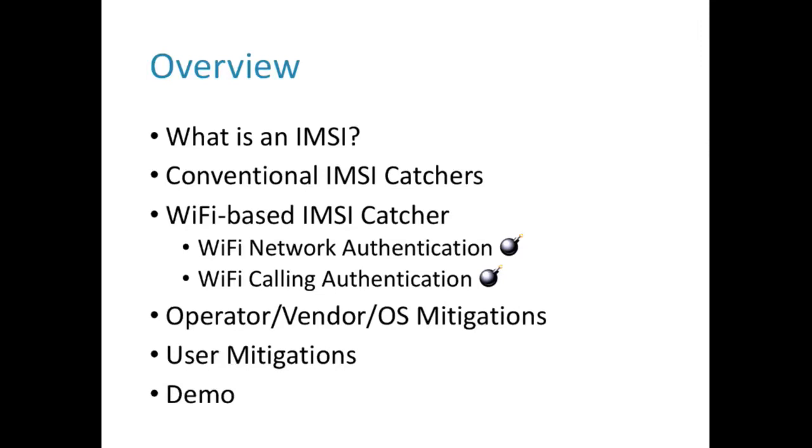But our approach operates in Wi-Fi, and it exploits two functionalities within the way that mobiles, basically smartphones, but can be other devices, automatically connect to Wi-Fi networks based on their IMSI, and also another technique that's based around when devices connect to the operator services for Wi-Fi calling.